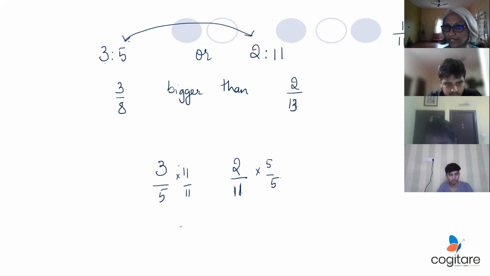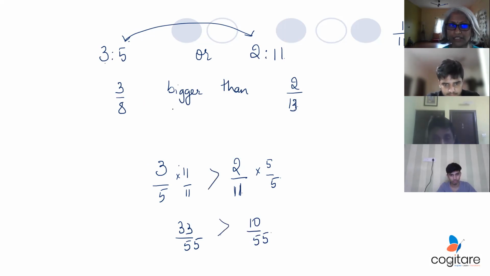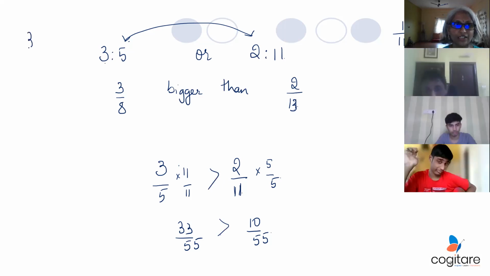LCM. Correct? So this becomes 33 upon 55 and this becomes 10 upon 55. Which ratio is greater? So they would rather split in this ratio.